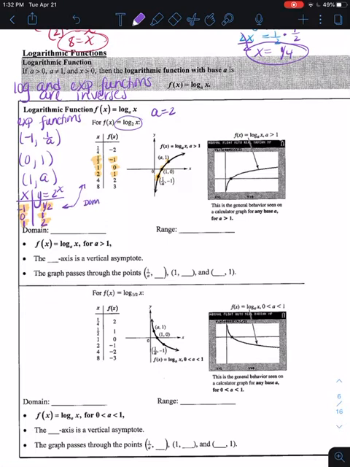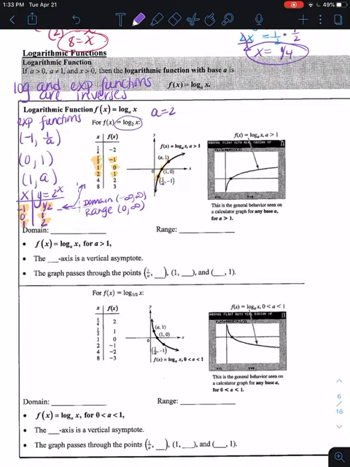The domain would be all real numbers. And the range of this exponential graph would be from 0 to infinity, because it would never cross the x-axis. Well, since they are inverses of each other, it flip-flops.